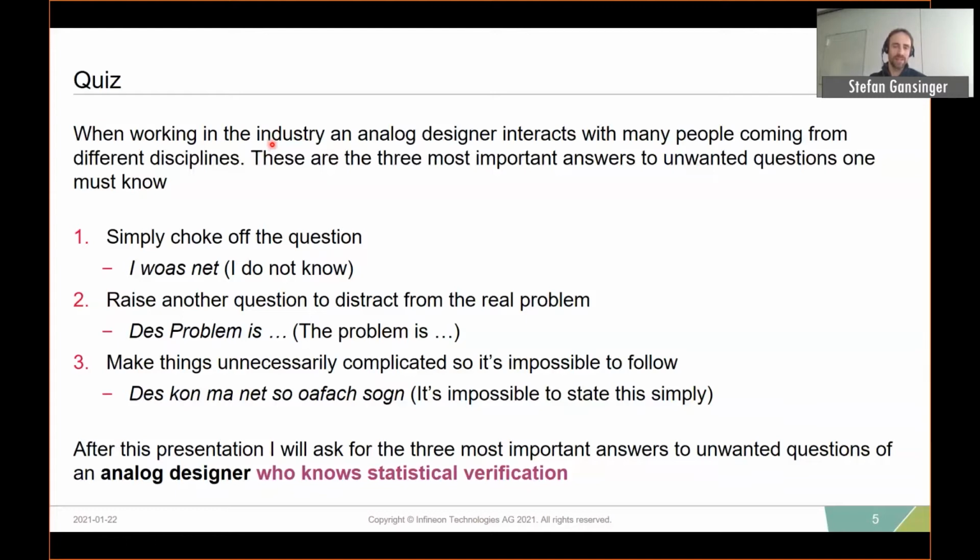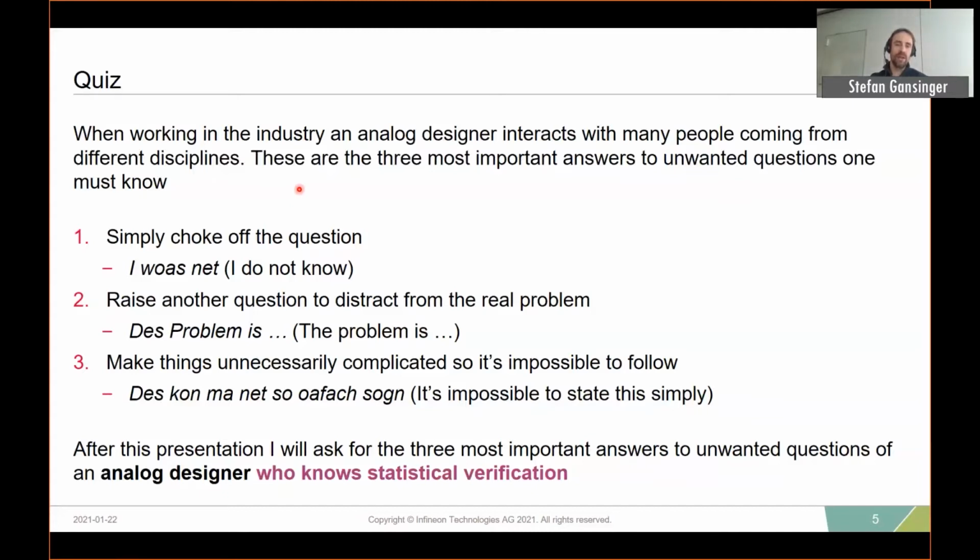For this, we designers invented, so to say, 3 answers which we give to questions we do not want to answer in the moment. Originally, these answers were in German. I tried to translate them into English. What you can always do is simply choke off the question by answering in German, "Ich weiß nicht," or in English, "I don't know." What also works is to raise another question to distract from the real problem. So in German, we start with "Das Problem ist," or in English, "the problem is," and then we speak about something different.